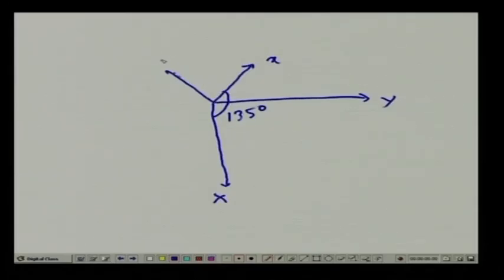This is the y axis of the camera coordinate system, this is the x axis of the camera coordinate system, and by pan of 135 degrees, we have to rotate the camera imaging plane in such a way that the angle between the x axis of the camera coordinate and the x axis of the 3D world coordinate is 135 degrees. And once we do this, you find that this rotation of the camera is in the anti-clockwise direction.